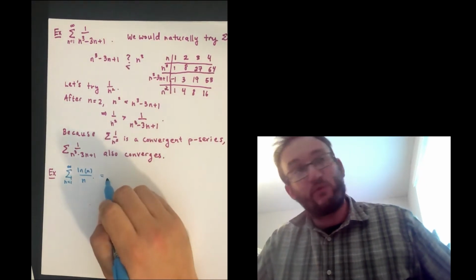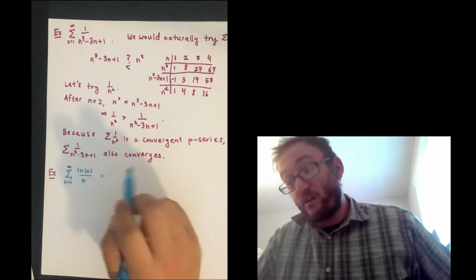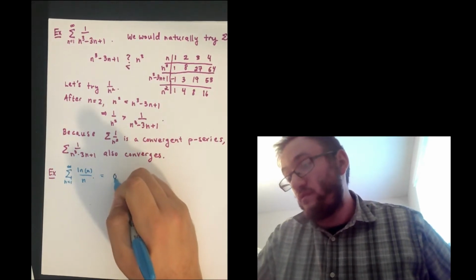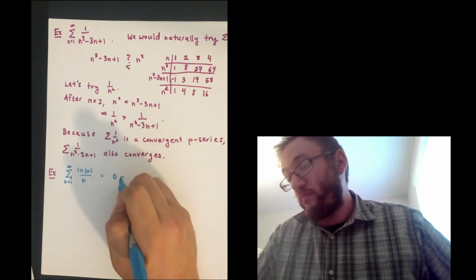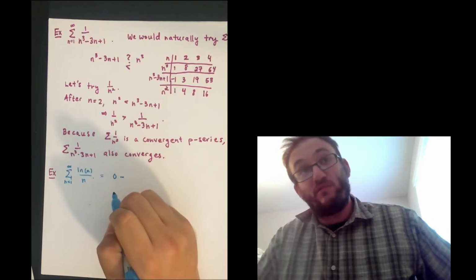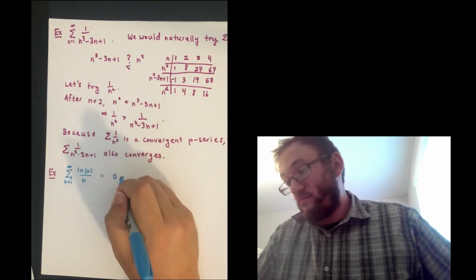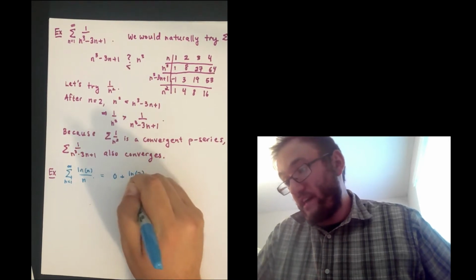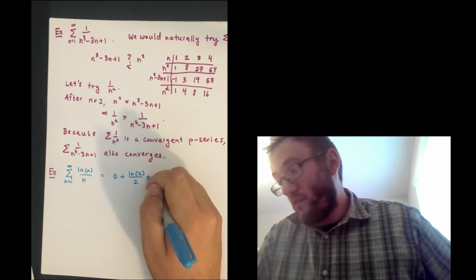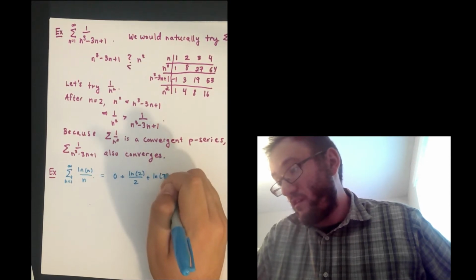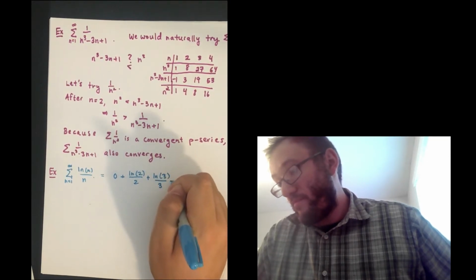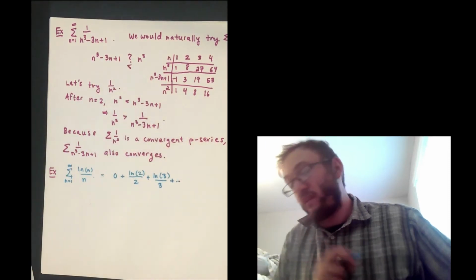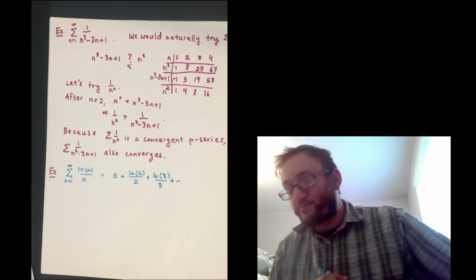When n equals 1, log of 1 is obviously 0, so that's our first term. Log of 2 over 2, log of 3 over 3, etc.